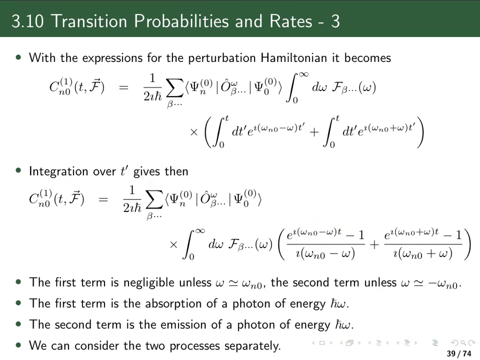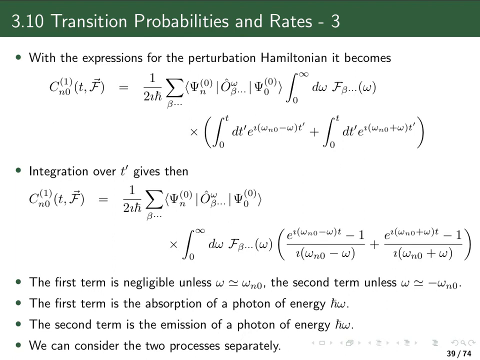As a consequence of this, this term is very close to 0 unless the frequency of the radiation is more or less the same as the transition frequency. And similar here, but here the frequency of the radiation has to be equal to minus the transition frequency.